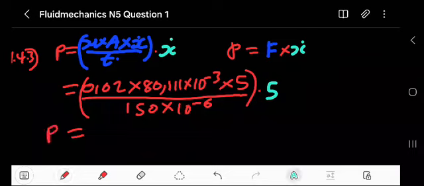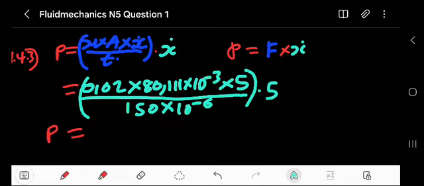Power equals 0.02 times 8 times 10 to the power of minus 3 times 5, all over 150 times 10 to the power of minus 6, times that 5.